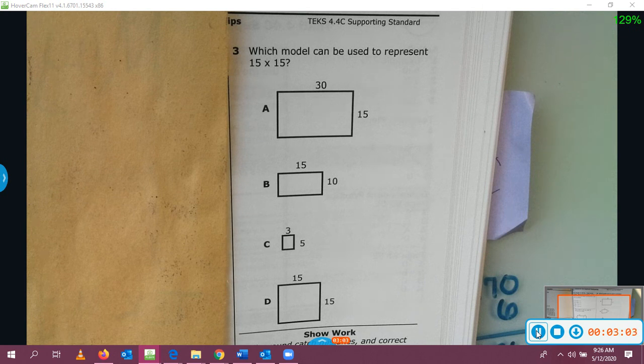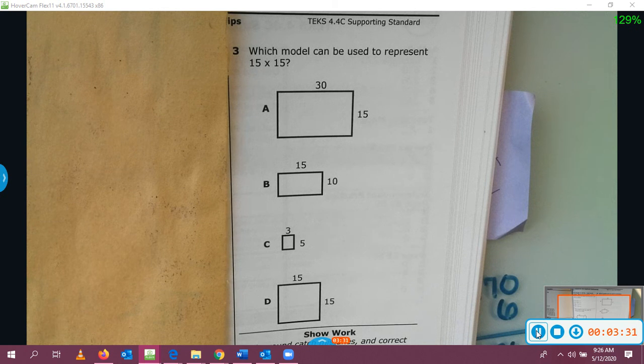So knowing what you know, which one can we eliminate? I would sure like to know what you're saying. So let's eliminate A. Why? Because there's a 30 there. There's nowhere in the problem that it says 30 times anything. So we would eliminate that. How about B?